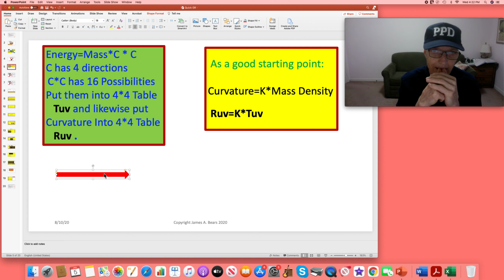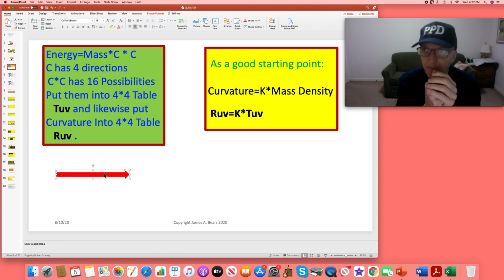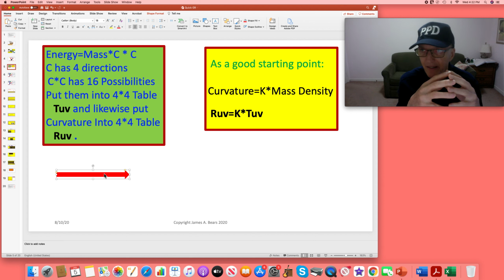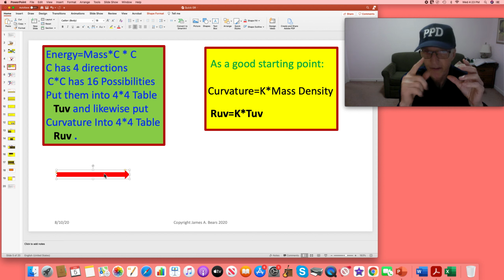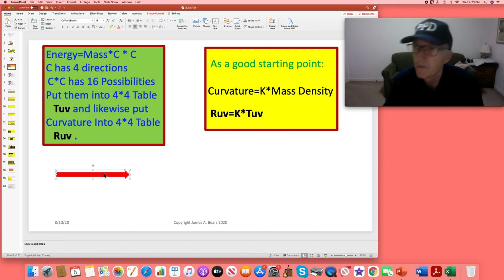Now, at this point, because we have the intuitive understanding, like Einstein did, that there's a direct relationship between the mass density in a particular volume, a constant volume, and the curvature, related by some, what would you think? A constant of proportionality?